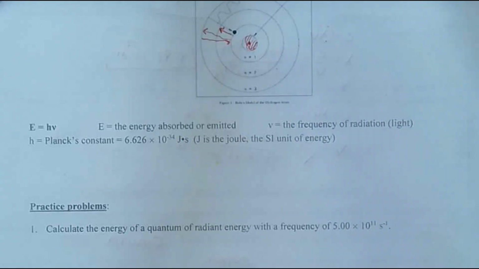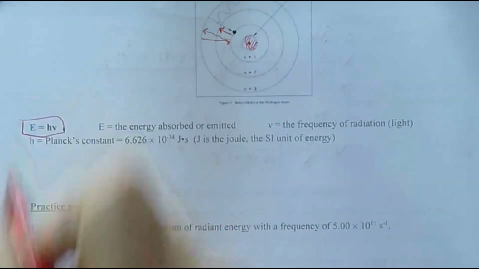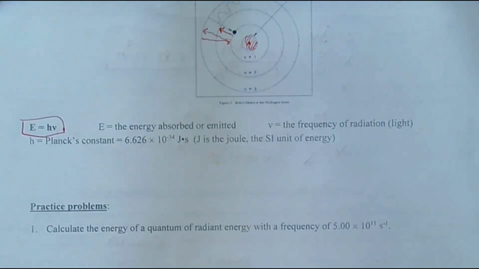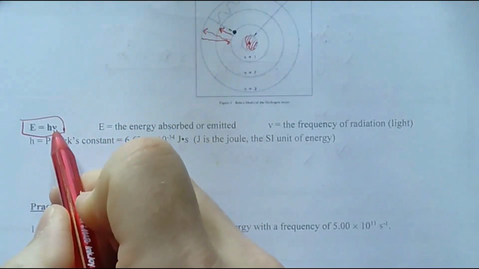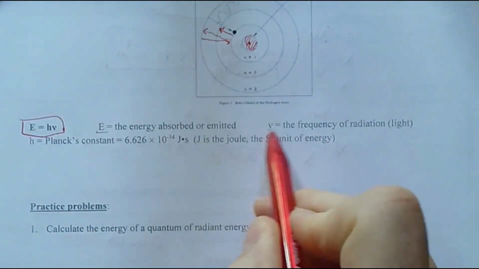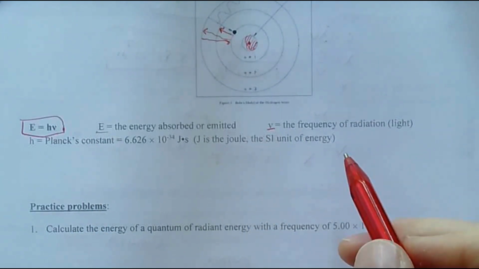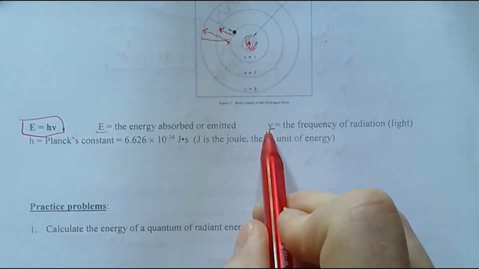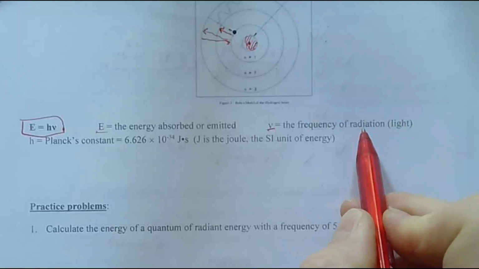So the equation for this is pretty straightforward. The energy is equal to h, which is a constant, times nu, which is the frequency. So E is the energy absorbed or emitted. The letter that looks like a lowercase v is the lowercase Greek letter nu, the frequency of the radiation.